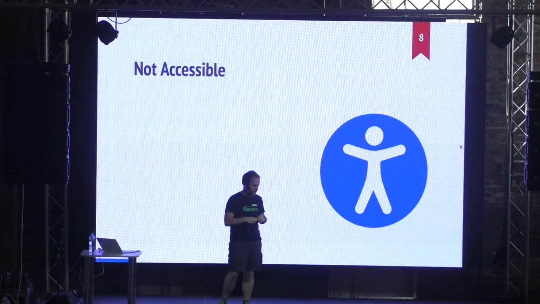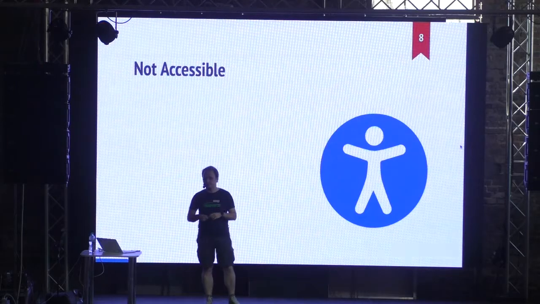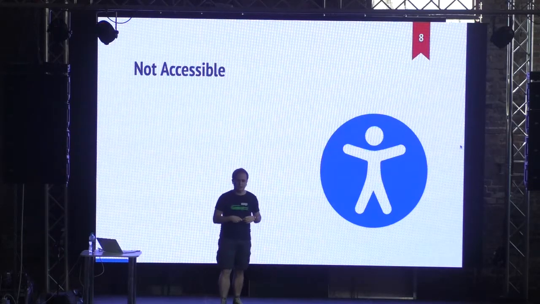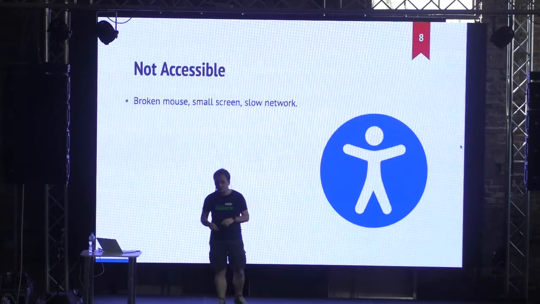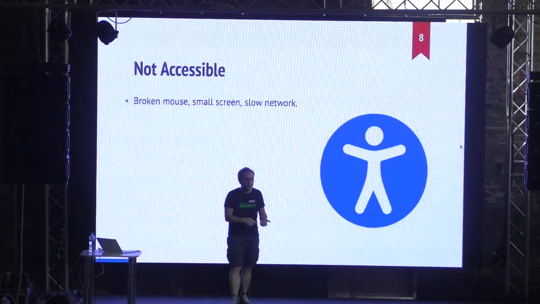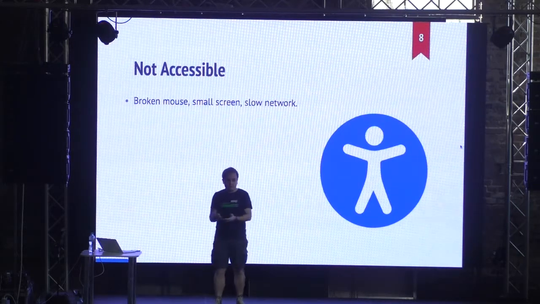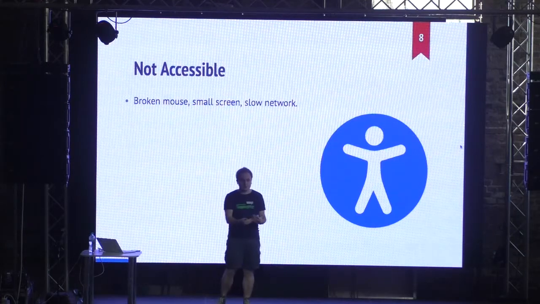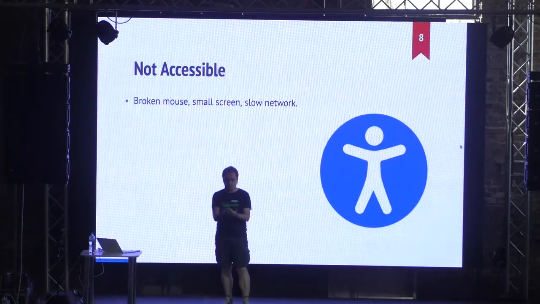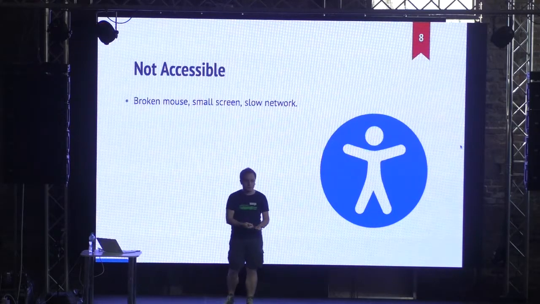Anyway, when we think about accessibility, we think about poor, disabled people, and this is just plain wrong. What does not accessible mean? When you have a broken mouse, when you have a small screen or slow network, the interface, website, or service is not accessible to you because you have a certain device, certain connection speed, etc. It's not accessible.